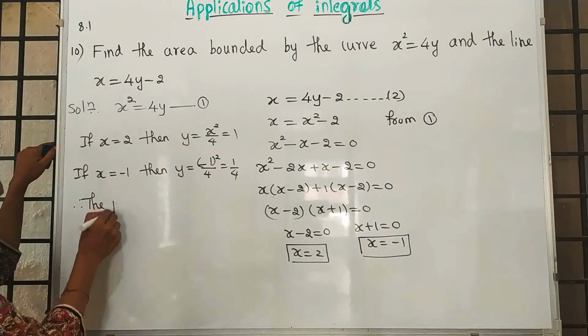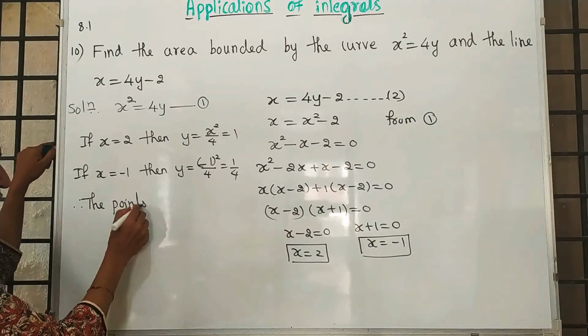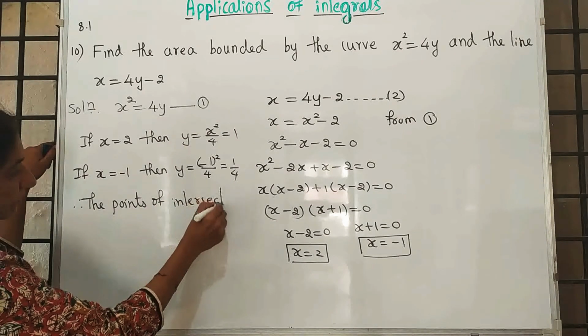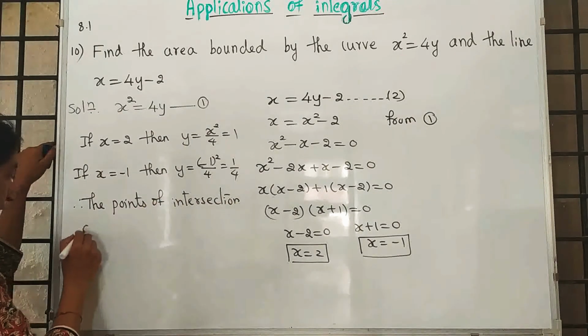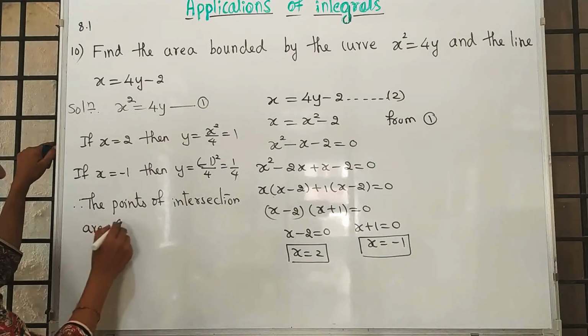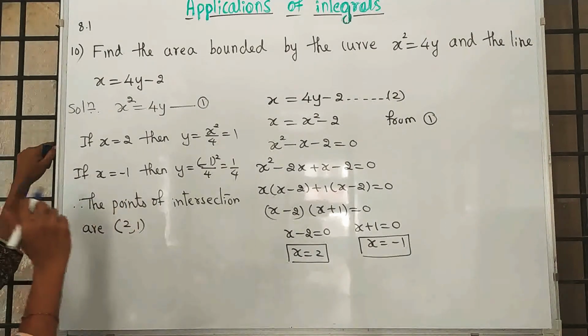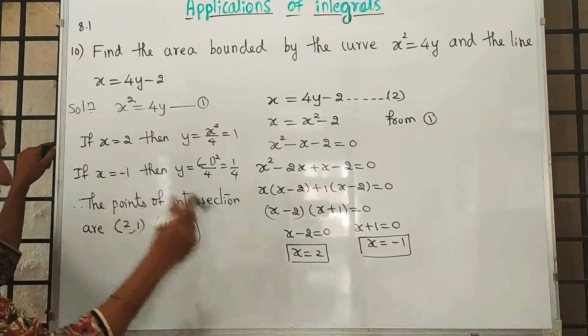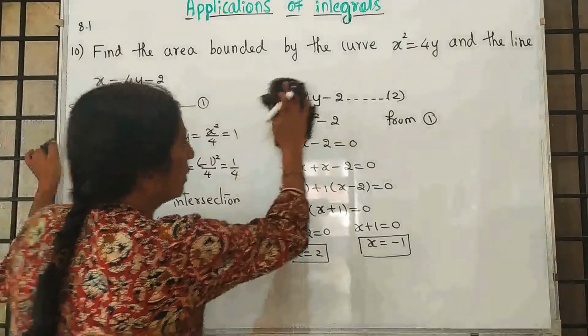Therefore, the points of intersection are 2, 1, which comes in the first quadrant, and minus 1, 1 by 4, which comes in the second quadrant. So, draw the rough figure.